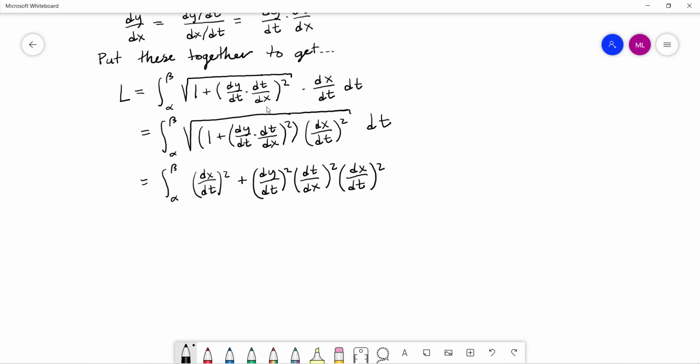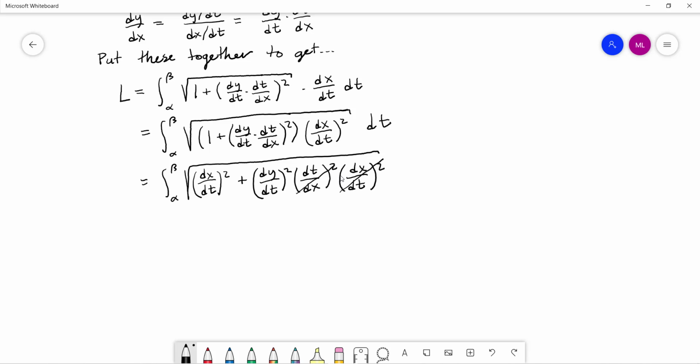But by design, these two fractions here are reciprocals of one another. And because of that, they cancel out, right? We could think of this as we're going to get a dt squared in the numerator, and down here a dt squared in the denominator. We're going to get a dx squared in the numerator here, but also a dx squared in the denominator down here.